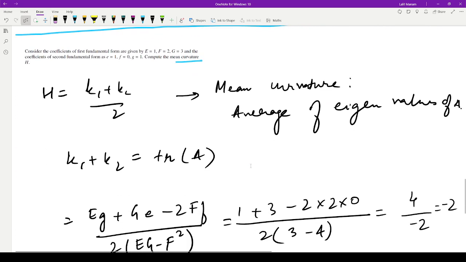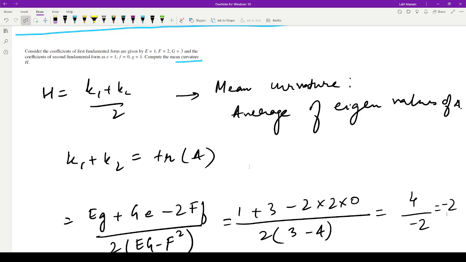Can you guess what kind of surface it will be? You would have checked different types of surfaces in one of the slides. Yes, sir. Both are less than 0. Yeah, both are less than 0.